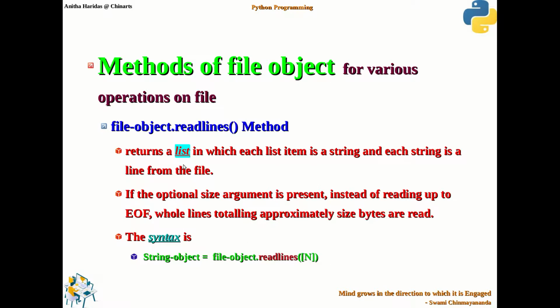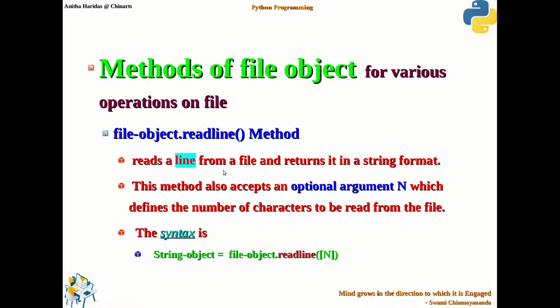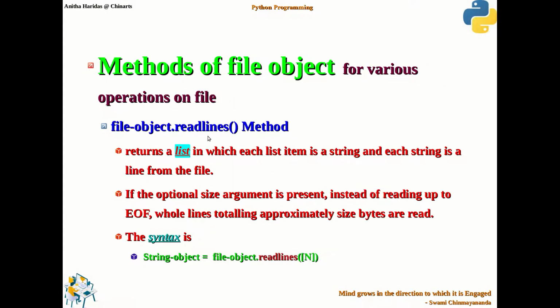Then you have readlines. The readlines method returns a list in which each list item is a string and each string is a line from the file. That is the basic difference between readline and readlines. Readline reads only one line, whereas readlines reads multiple lines, right?